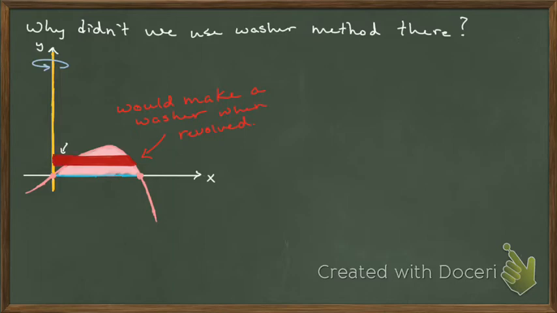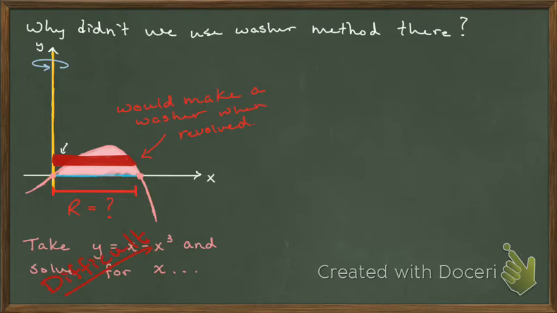I remember I treat a washer like 2 discs, which means I would need that length, like my capital R, and I don't even really know how to begin to describe that. If I take my function, I would have to solve it for x. That's a difficult thing to do. In fact, I don't know that I can do that by hand.